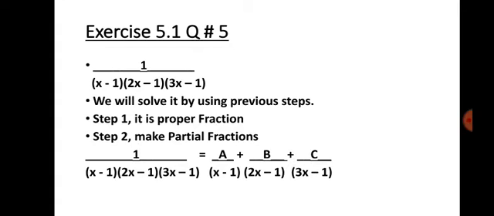So dear students, we make three partial fractions. The first one is A over x minus 1. The second one is B over 2x minus 1. And the third one is C over 3x minus 1.